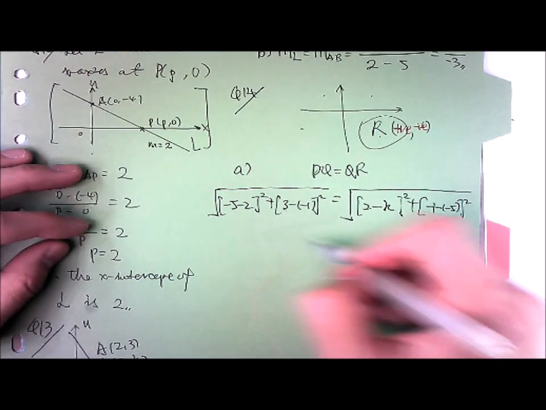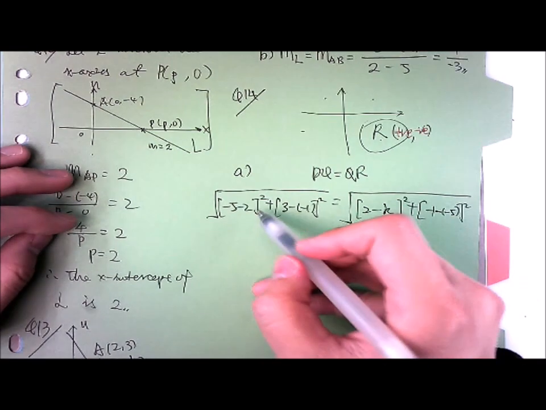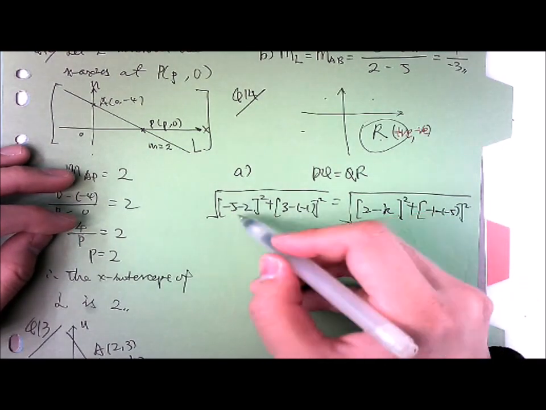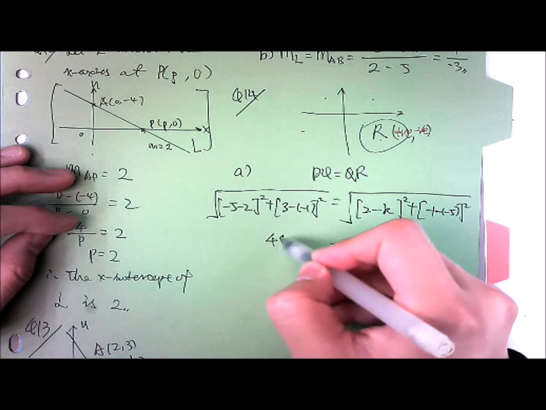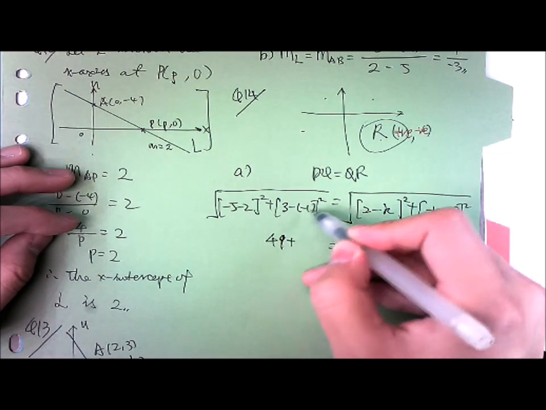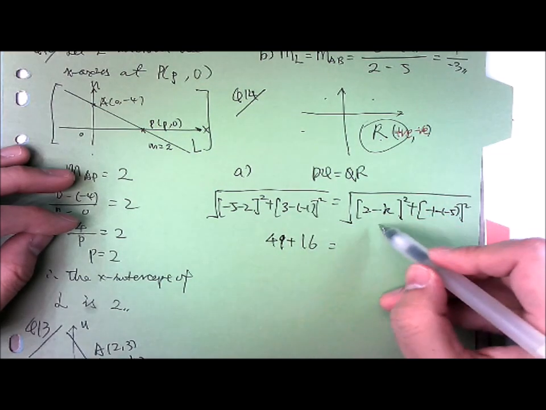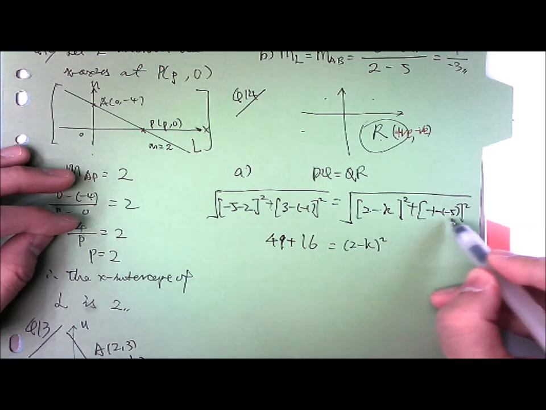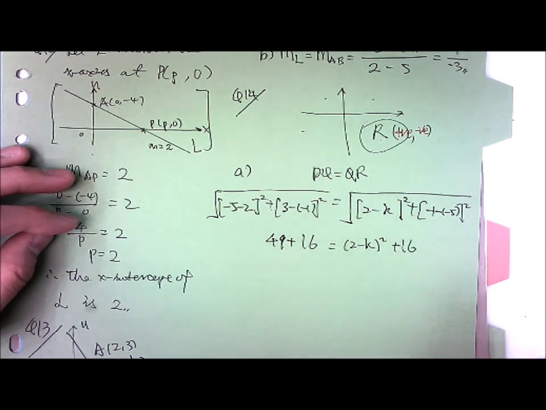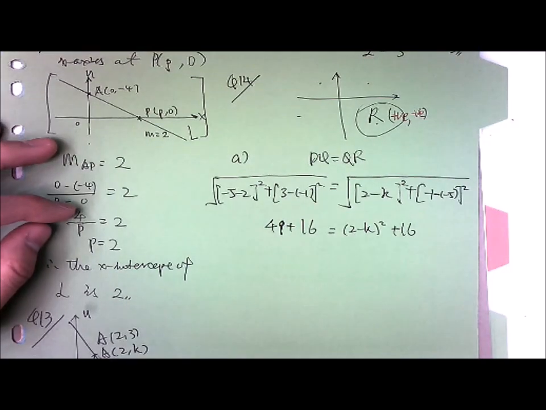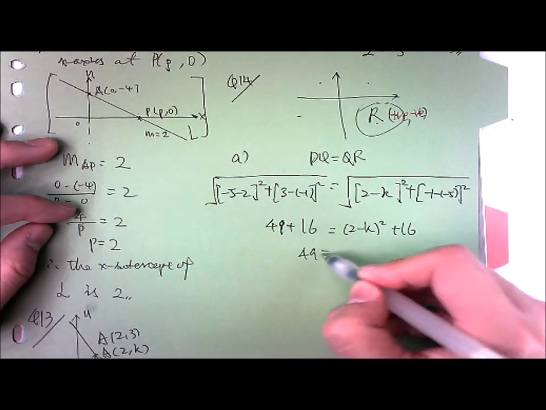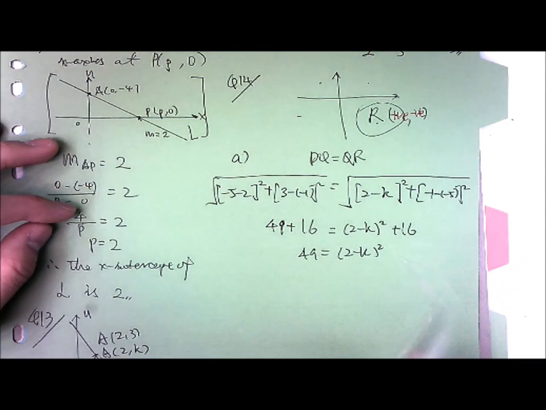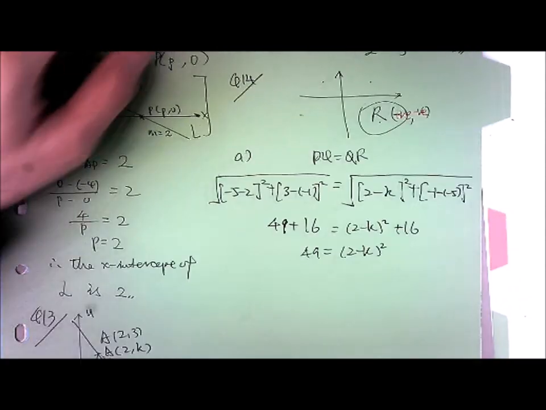Both sides have no square root, and then this should be 7 squared, 49. And then here, 4 squared, 16. Don't expand this. And for this, it is also 16. So you see the two 16s cancel out. You have 49 equal to (2 minus k) squared, understand?